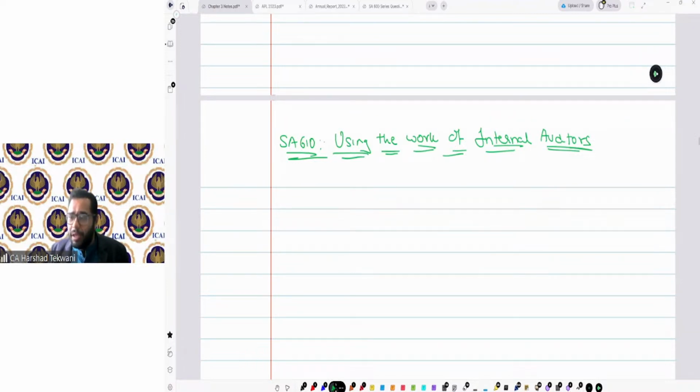So let us see what particular things we are required to look into. When I say whether to accept the proposal or not, in terms of the standard, we say the objective of the external auditor.